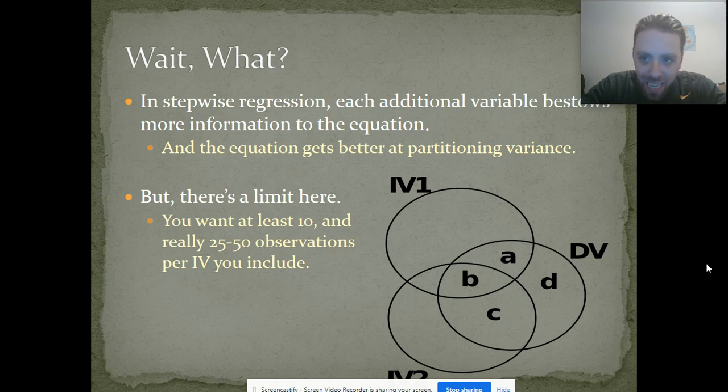In that case, it will mess up the estimation of the coefficients because it doesn't have enough degrees of freedom to appropriately estimate and average out what the effective B really is.